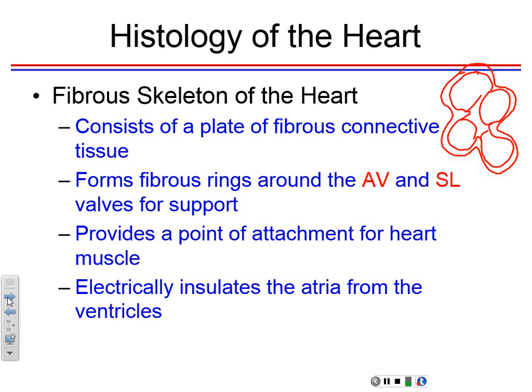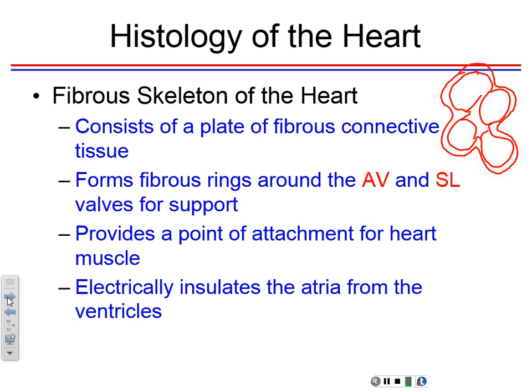It kind of anchors them in place, right? You can imagine if force is pushing the atrioventricular valves up and pushing the semilunar valves down, they're going to move. So they need to be anchored in place so that they don't do any of that. So that fibrous skeleton is very important for that.